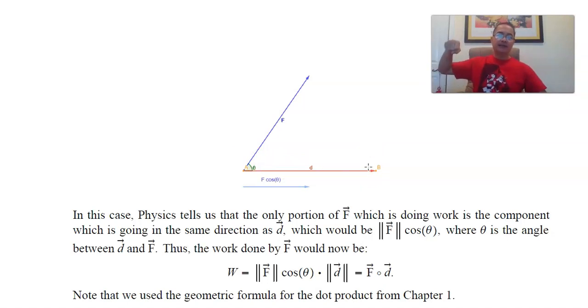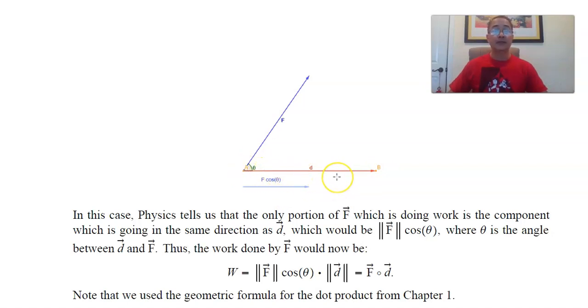You're pulling the handle of the cart at an angle. This time physics will tell you that the only part of this force that is doing any work is the component which is in the same direction as the displacement. So that's consistent with level 1.